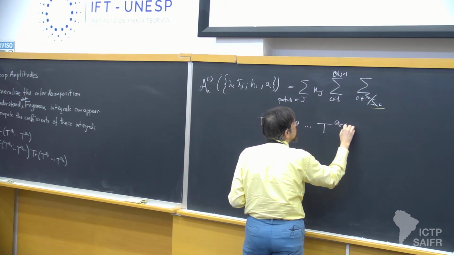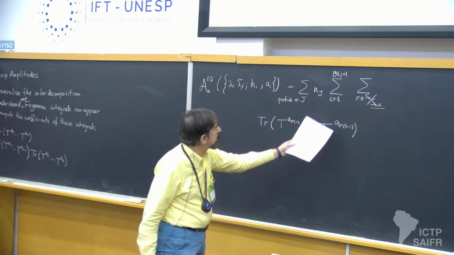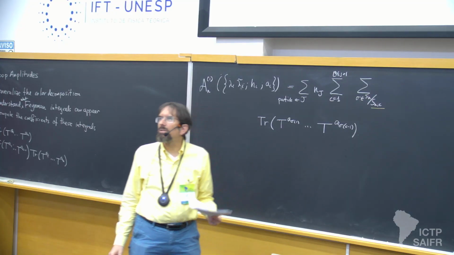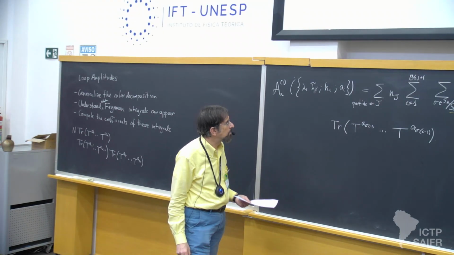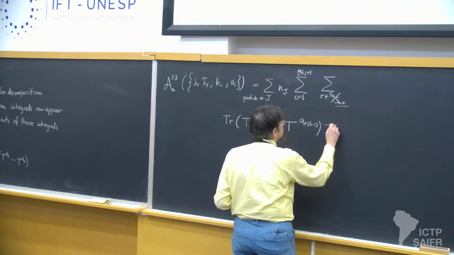And in the case that C is equal to 1, the first trace is empty, and so you should think of that as being the trace of the identity matrix, which gives you a factor of n for the single trace contribution.